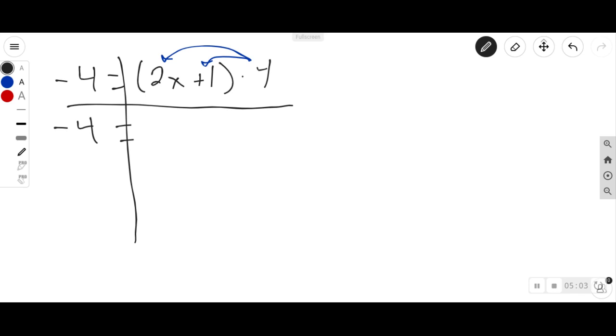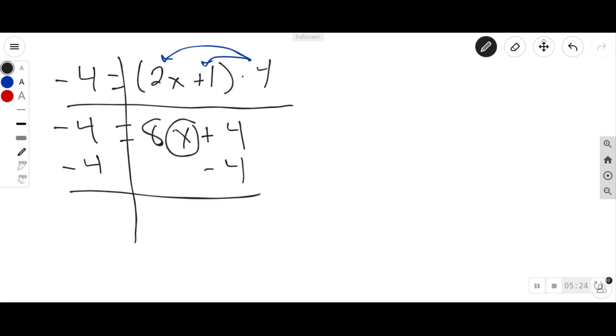So the negative 4 drops down with the equals. 4 times 2 is 8x. 4 times 1 is positive 4. Again, you could have done that division at the beginning, but I'm not going to show that. That's fine if you do. We still have x by itself, so now I'm going to subtract the 4 from each side. Negative 4 minus 4 is negative 8.